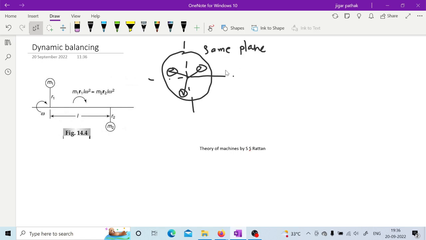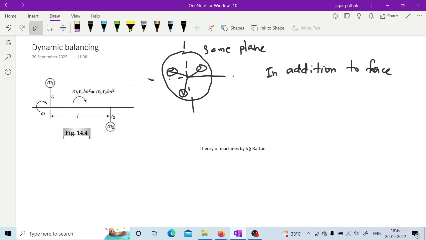Yes sir. But the quadrants are different. Quadrants are different but the plane is the same.